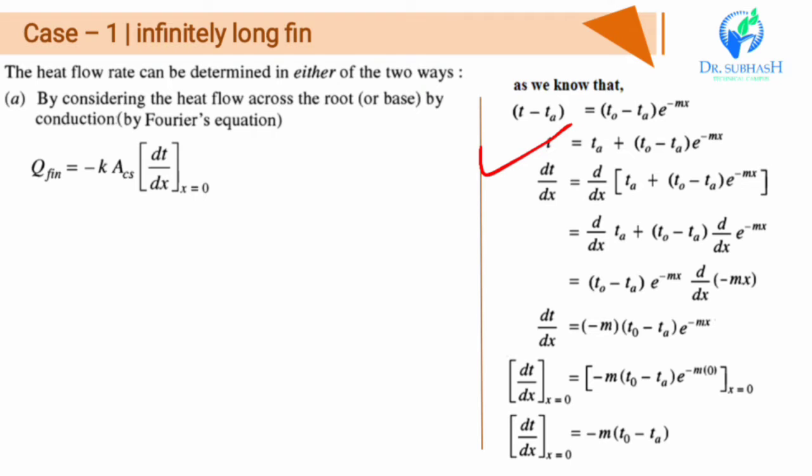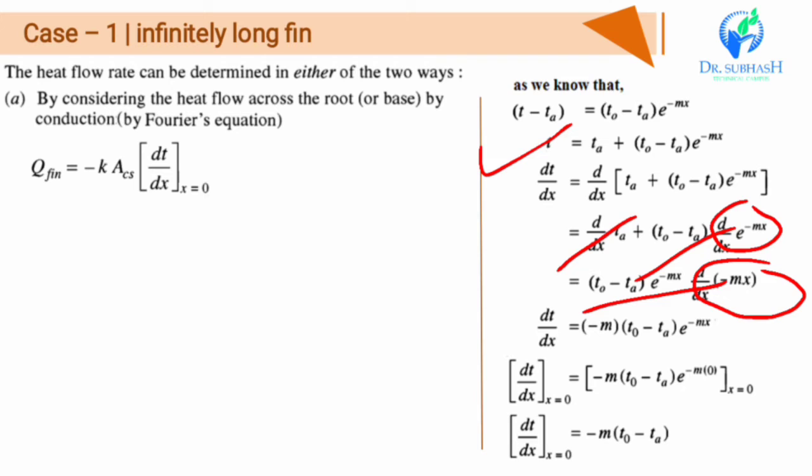So dT by dx is equal to d/dx of Ta plus (T0 minus Ta) d/dx of e^(-mx). The first term is equal to 0, and the derivative of e^(-mx) is e^(-mx) into d/dx of minus mx, and the derivative of minus mx is minus m.